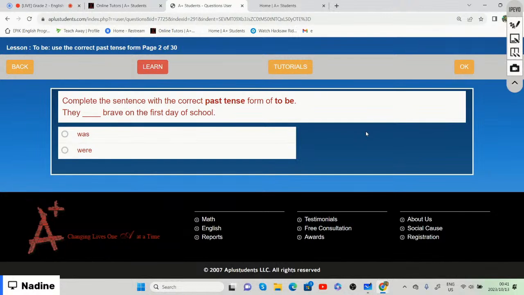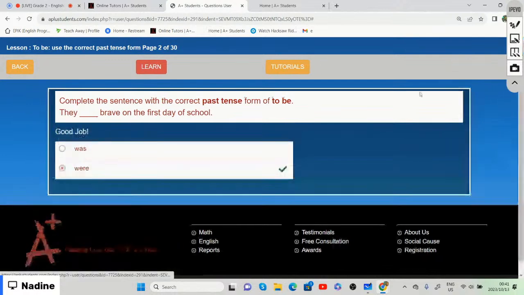We need to choose the correct one. All right, so if we choose the correct past tense form, then we can say they were, because it refers to more than one person, brave on the first day of school.